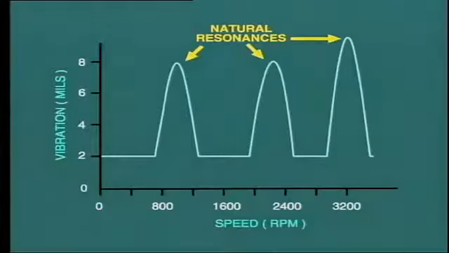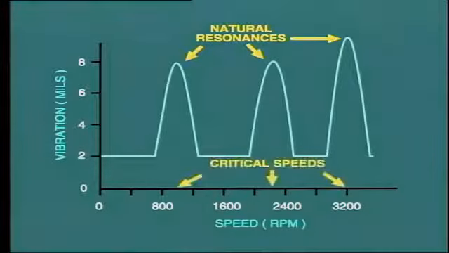In order to avoid this situation, we must pass as quickly as possible through the critical speeds during the run-up. But what are these critical speeds? Well, as our rotating mass is made up of several rotors, for example, the high-pressure and low-pressure turbine rotors and the generator rotor, we may have several critical speeds.